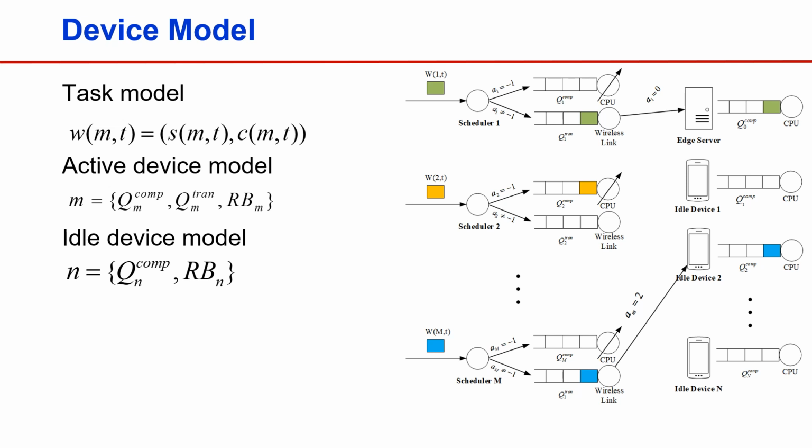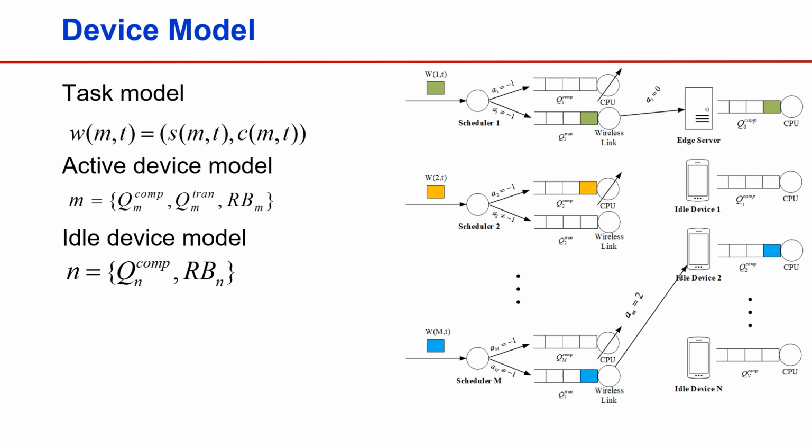Each device has a battery and computing queue, where the computing queue is used to represent the tasks performed on the device. And for active devices, it also includes a transmission queue to represent the tasks to be transmitted.